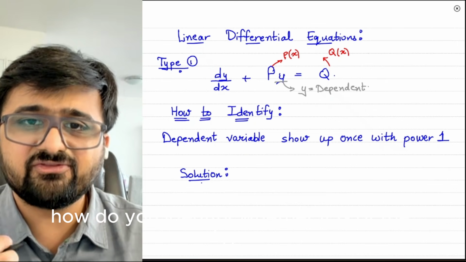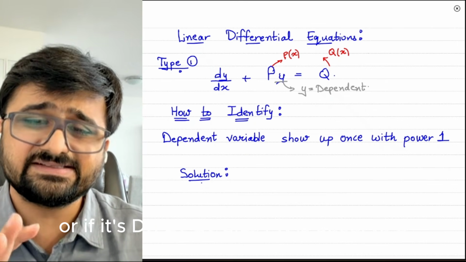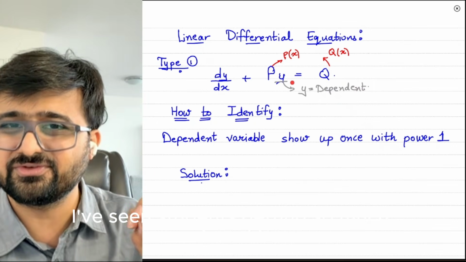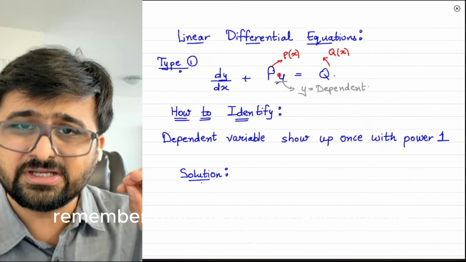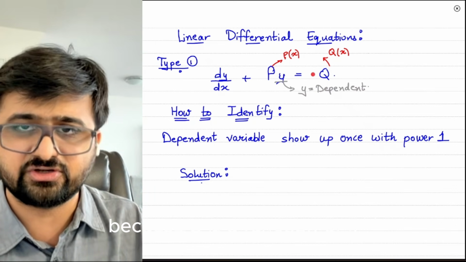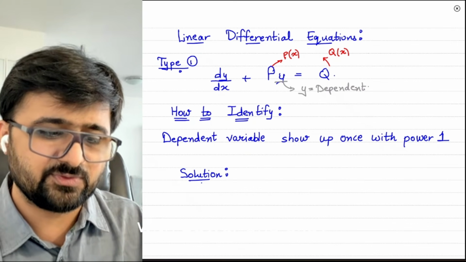How do you identify whether it is of the type dy by dx plus py is equal to q, or if it's dx by dy plus px is equal to q? I've seen students getting so much confused here. It's very simple. Remember that the dependent variable occurs only once, because p is a function of x, q is a function of x. So the dependent variable y is showing up only once with power 1.